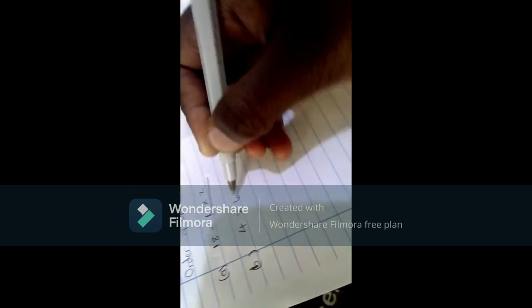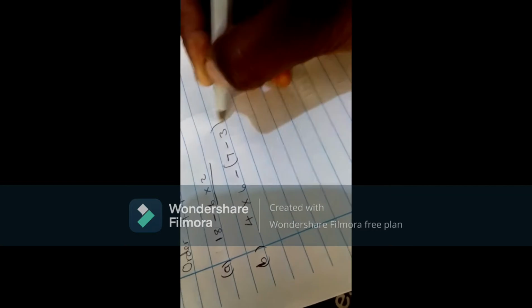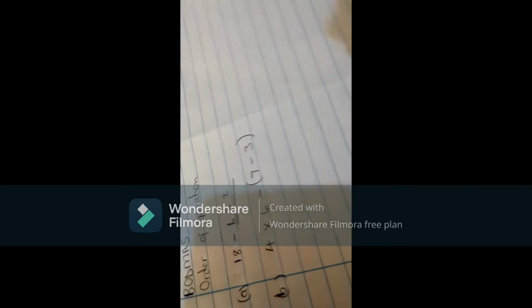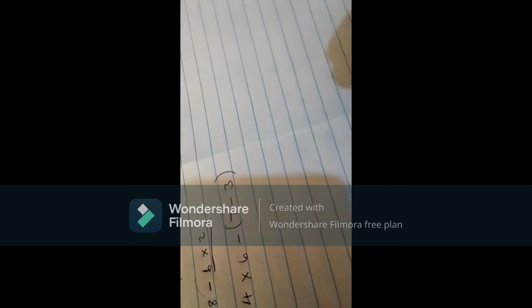Then the second rule says if there are brackets, simplify the terms in the brackets first. What we mean is, if we say 4 times 6 minus the bracket 7 minus 3, here you're no longer observing the rule of multiplication first or division first.